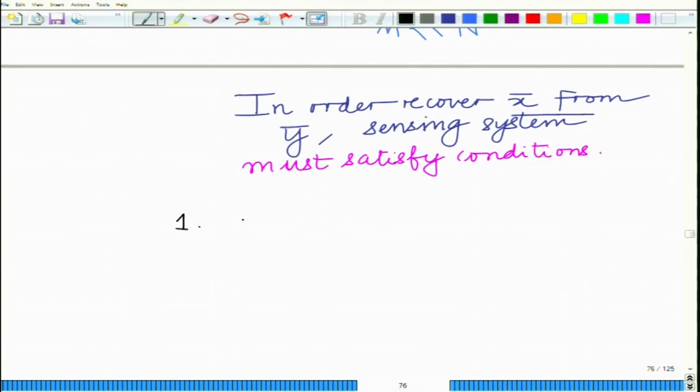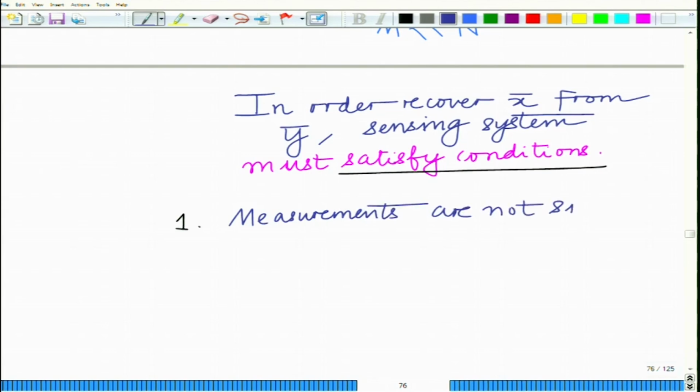The first condition states that the measurements are not simply in time or space.